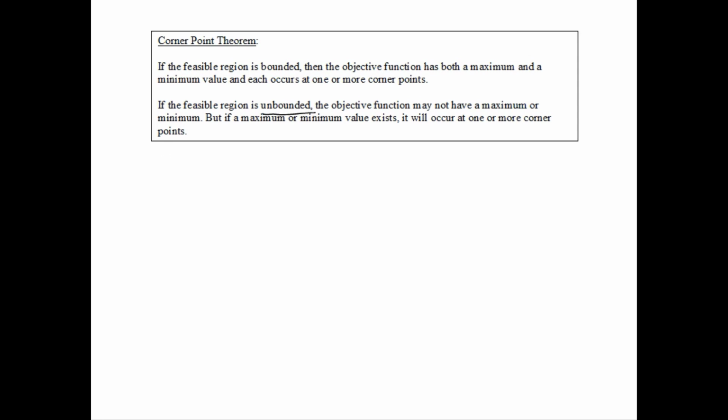And let's use our objective function that we have from the example we were just working on. Here's our objective function. C equals 100 x1 plus 300 x2. Let's suppose that C is equal to 200.